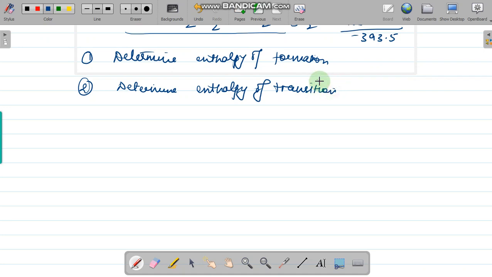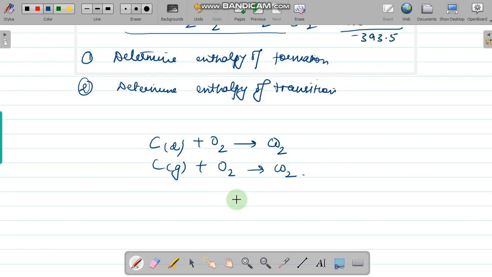Now, what is enthalpy of transition? Say suppose I have taken carbon diamond, which reacts with O2 and gives CO2. And I have graphite, which reacts with O2 and gives CO2. So what is happening here? We have two states, the crystalline and the amorphous states.